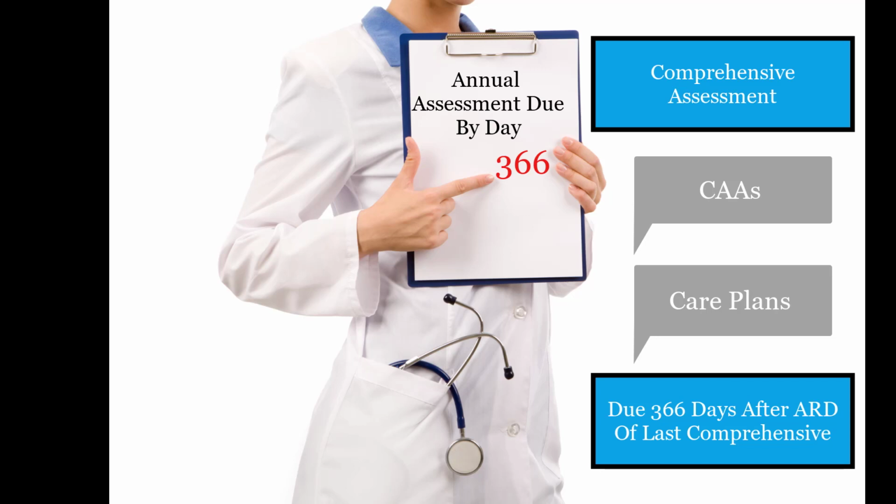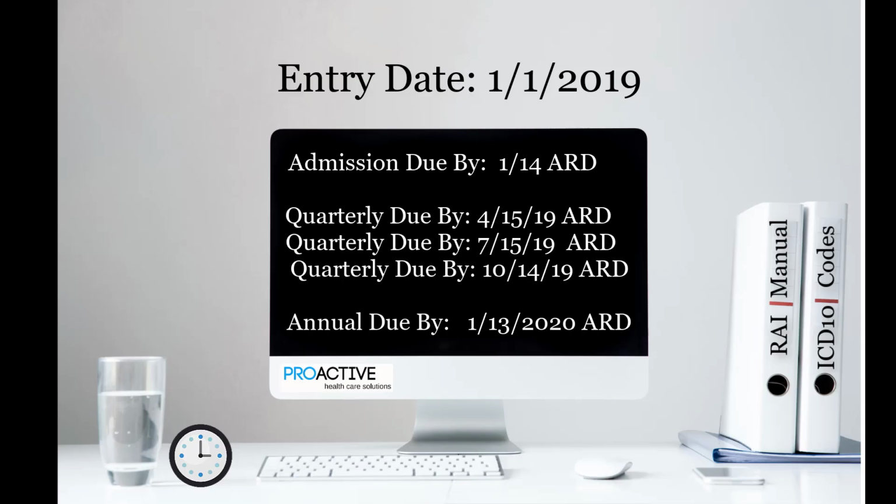The comprehensive assessments require more information to be put into the MDS. They generate care area assessments, also known as CAAs, and we also make sure we update the comprehensive care plan when we complete a comprehensive assessment. So with the scenario that we reviewed today, the resident's entry date was 1/1/2019.